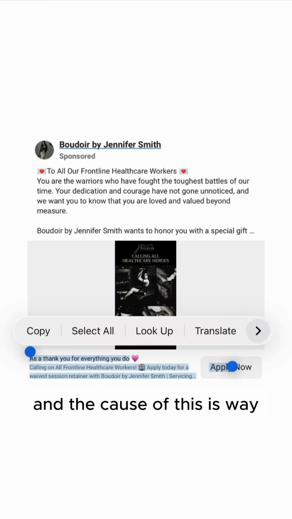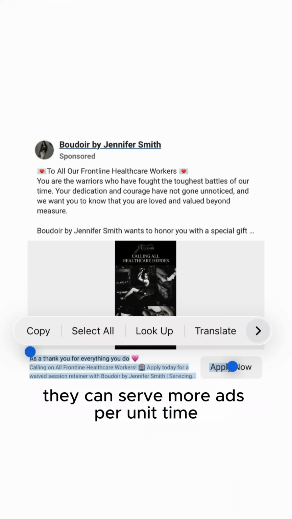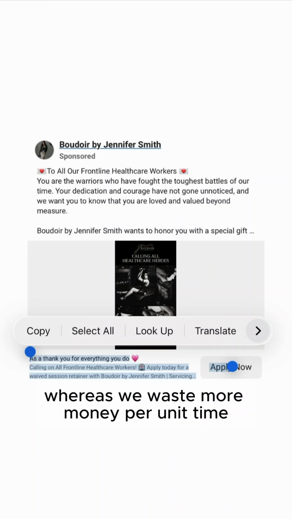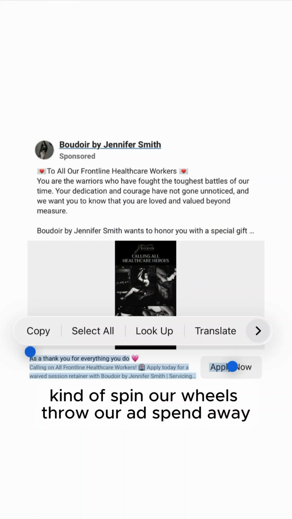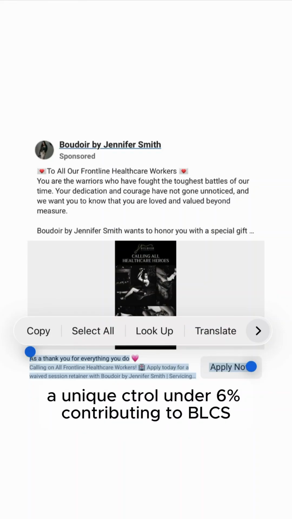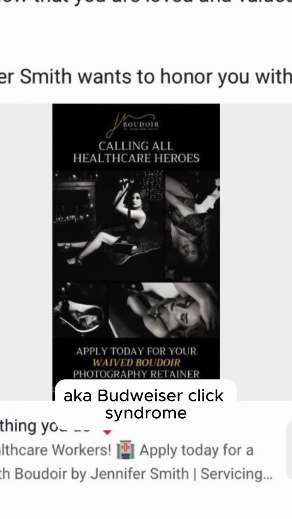And the cause of this is way more women scrolling by our ad than necessary, which Facebook likes because they can serve more ads per unit time and earn more money, whereas we waste more money per unit time, kind of spin our wheels, throw our ad spend away. So this will contribute to a unique CTRL under 6%, contributing to BLCS, aka Boudoir low click syndrome.